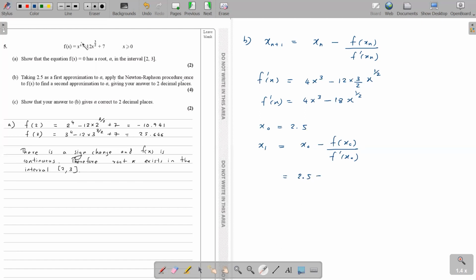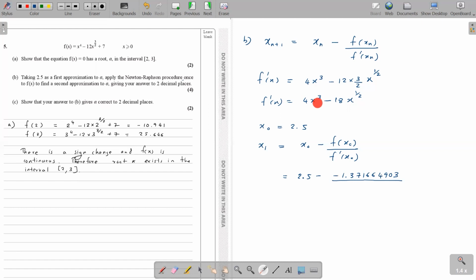Go to your equation f(x), type it in the calculator and replace the x value with 2.5. What is the answer when you give x as 2.5? Minus 1.37166. Take a few extra digits, we need to give 2 dp. So 1.4903 divided by f'(x_0). f'(x_0) means you go to your f'(x) equation and replace x with 2.5.